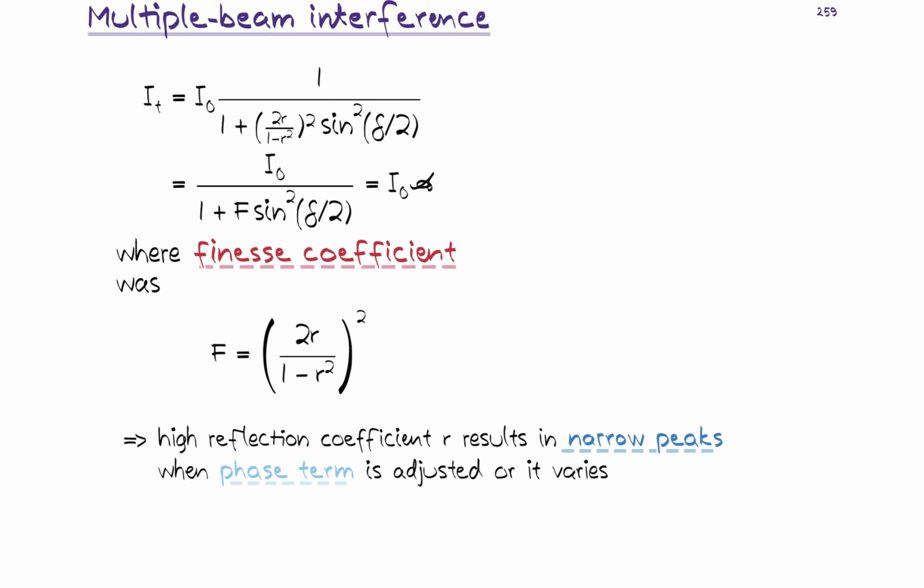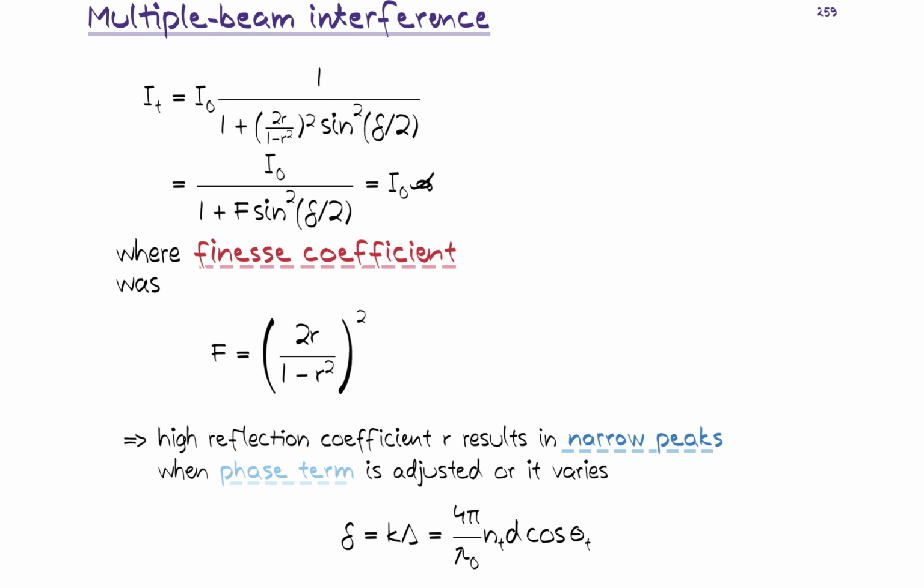And the phase term, when it is changing, delta, that was given by k times lambda, so that we see that we are measuring peaks in the transmitted irradiance profile of my incident field.